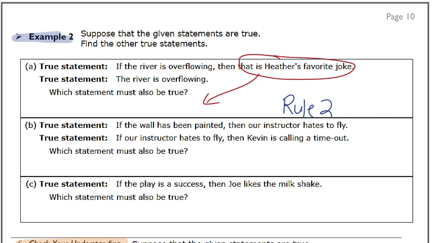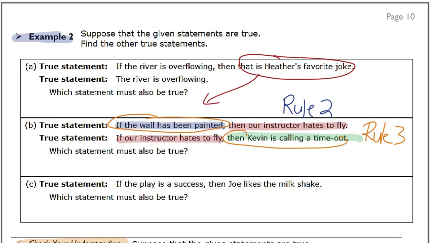So then we're looking at the next one. If the wall has been painted, then our instructor hates to fly. If our instructor hates to fly, then Kevin is calling a timeout, which I think we already talked about. And in fact, we did. I am sorry for duplicating that. This is Rule 3, that law of syllogism, where you take this part, if that part, and then we're going to say that part.